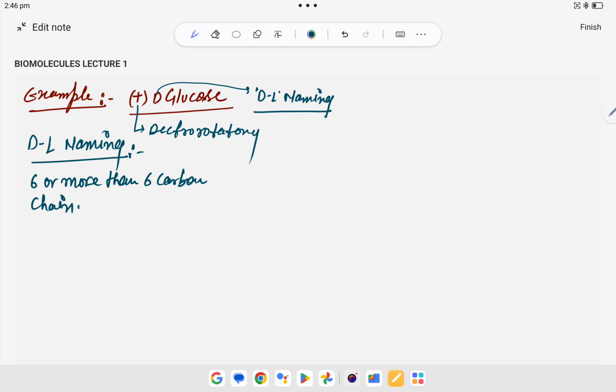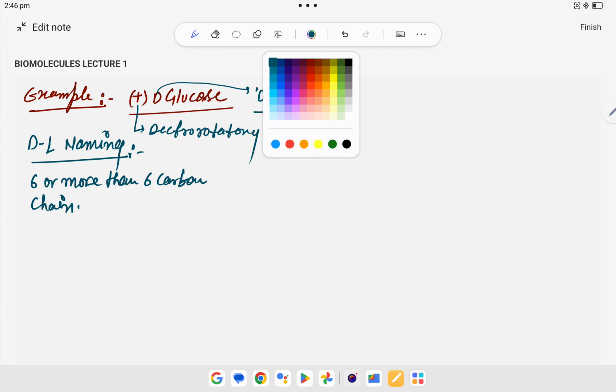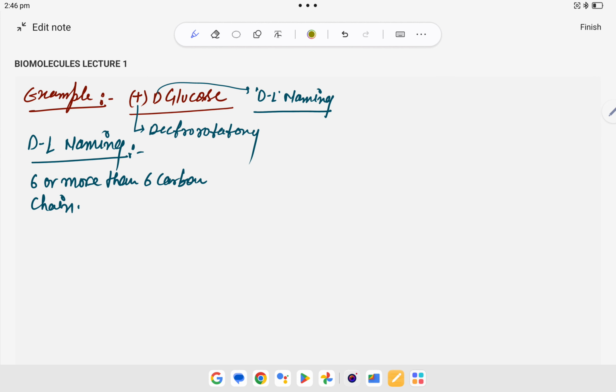Let's talk about the structure of glucose. So what is the structure here? This is hydrogen, this is oxygen, here 1 carbon, 2 carbon, 3 carbon, 4 carbon, 5 carbon and 6 carbon, CH2OH.